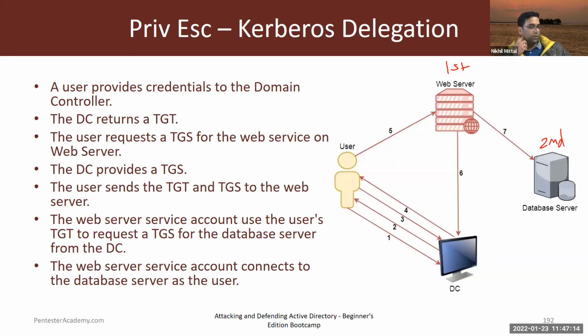Now the basis of security is need to know, right? A user must be able to see only the information that they are allowed to see. That is, the web server must be able to retrieve only that information from the database server that the user is able to see.